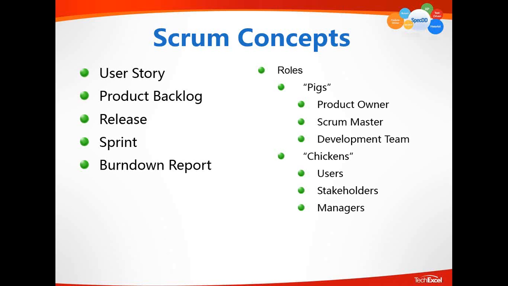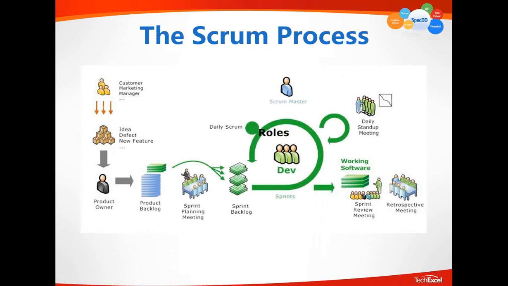In building a self-driving team for a process, a Scrum process, we further use some of the artifacts and processes like the user story, the product backlog, a release concept, sprint, and a burndown report. So here is a diagram.